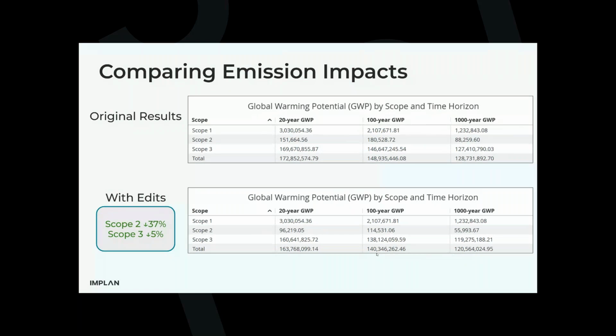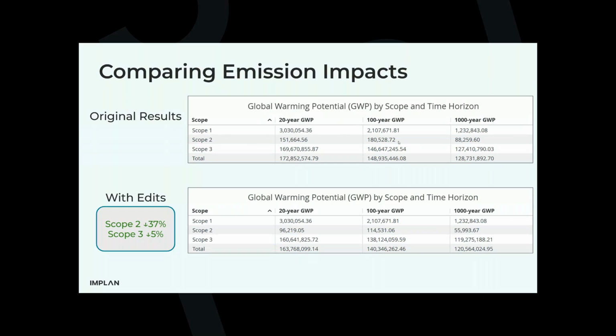Okay. Can you explain a little bit more about the 20, 100, and 1,000 year scenarios? Yeah, absolutely. If you look at the conversions of translating, say, methane or some other greenhouse gas into a carbon dioxide equivalent, those ratios are different depending on the time horizon of 20, 100, and 1,000 years.